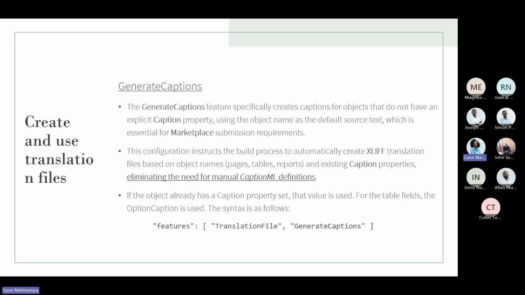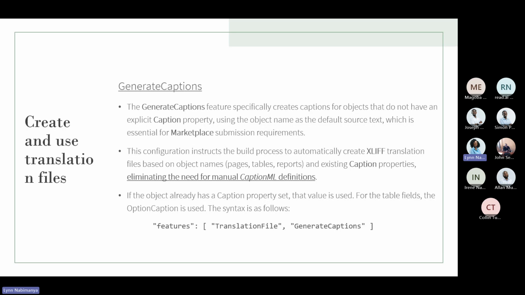A caption is put on the table itself to give a little explanation of what that field might be. A more in-depth one would be put on the tooltip. So we have a property called generate captions.